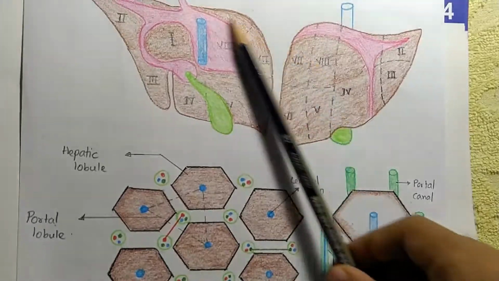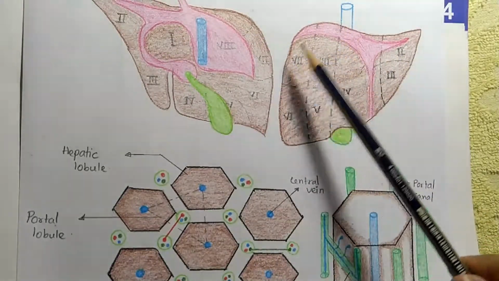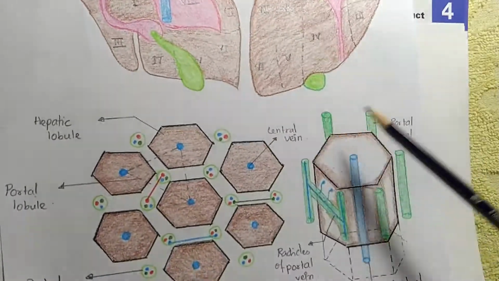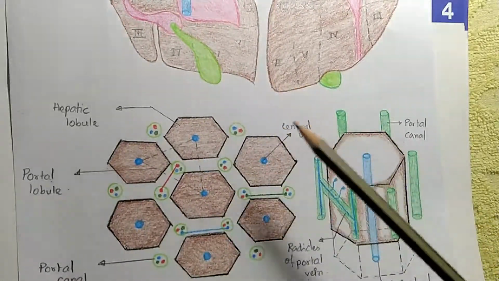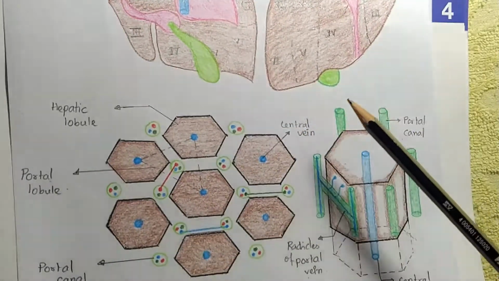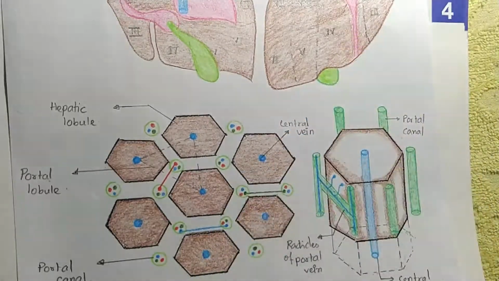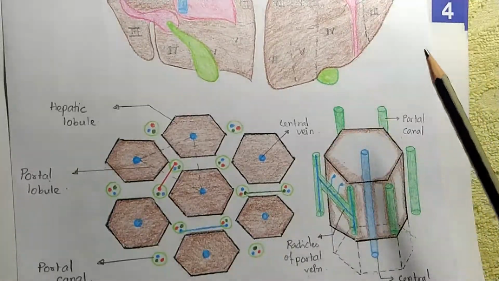The liver has three hepatic veins, the right hepatic vein, middle hepatic vein and left hepatic vein. They reunite to form a single hepatic vein and drain into the inferior vena cava.